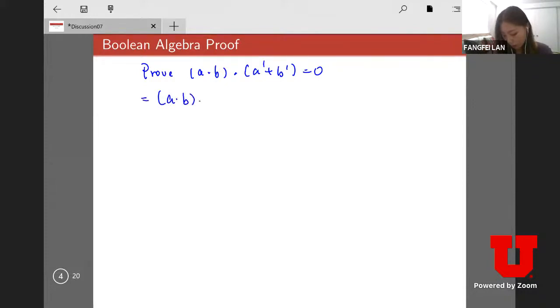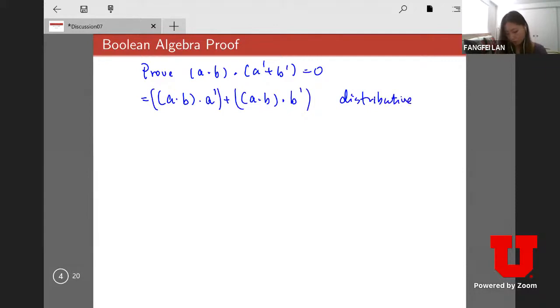A times B times A complement plus A times B times B complement, right? Or let's write it like this. It's a little bit better. Distributive. Okay.